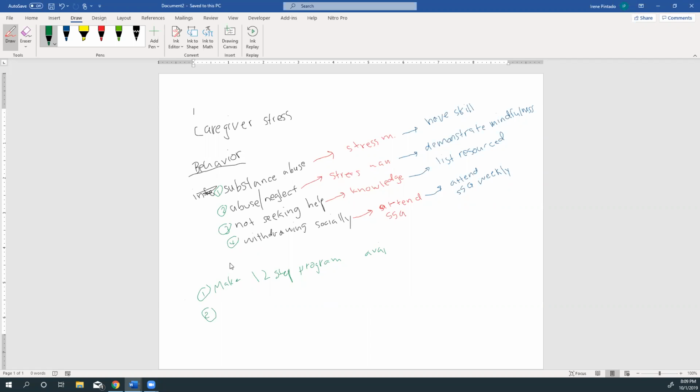So maybe we need to offer educational sessions, or some kind of resource fair, maybe at a community center. So we can do sessions at the community center. That's our environmental change, because we are creating opportunities for people to be able to go to these things.